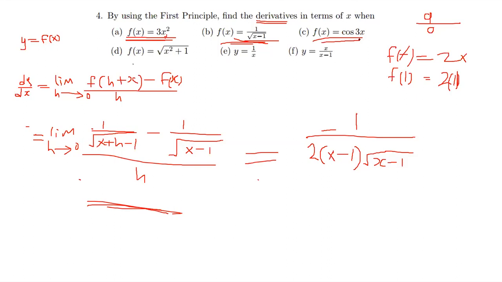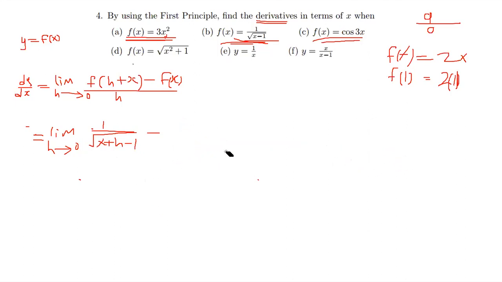So let me just erase this. Okay. We are saying f of x is equal to cos 3x. So again, wherever there's x, we're going to replace it with h plus x. In this cos 3x, wherever there's x, I'm going to replace it with h plus x.